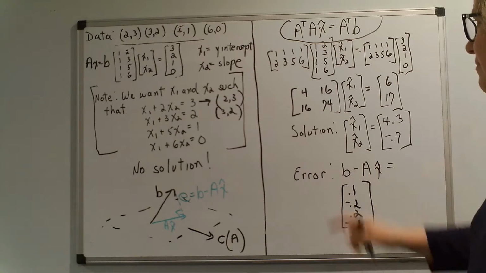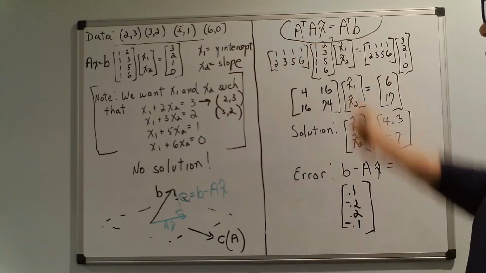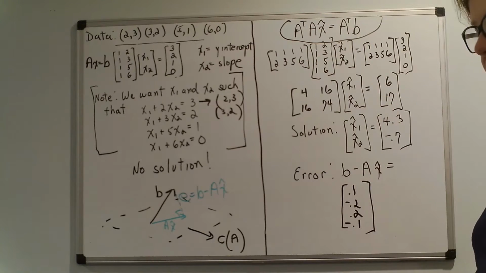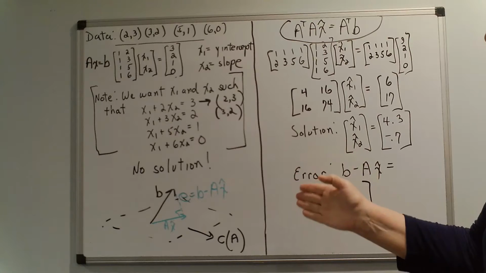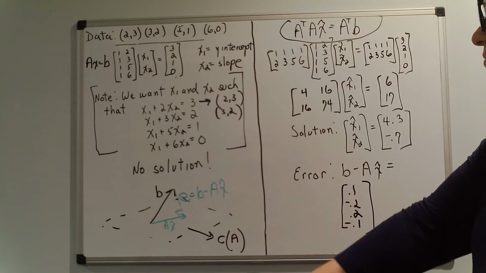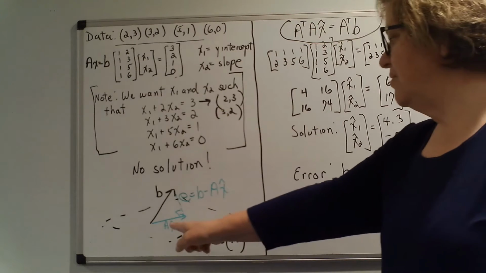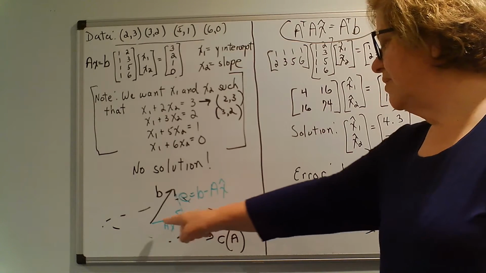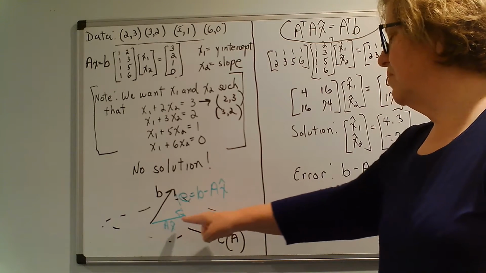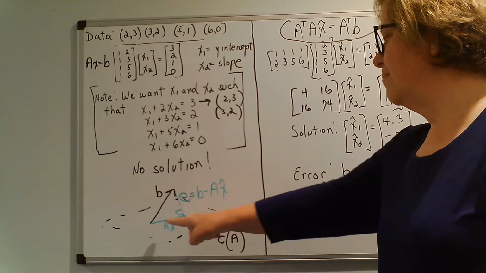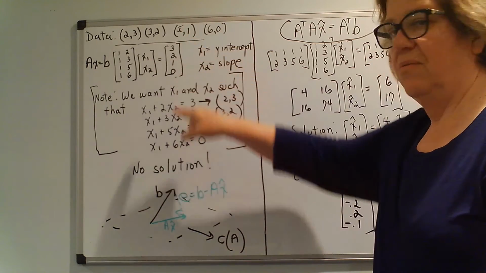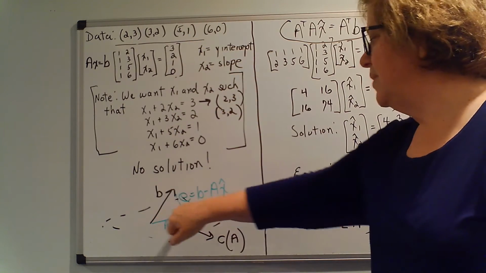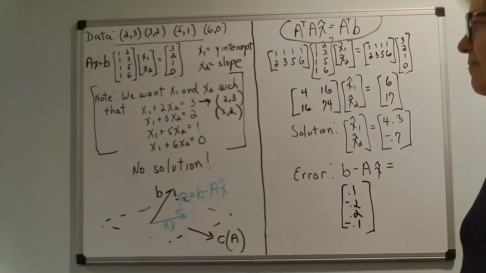So that's what we have to solve to get x hat. We're getting something in R2 that when we apply A to it will map into the column space. So we're making a new b that's going to be in the column space of A.